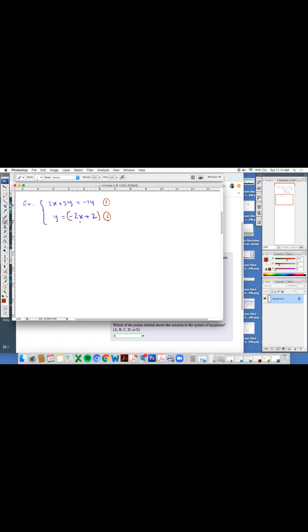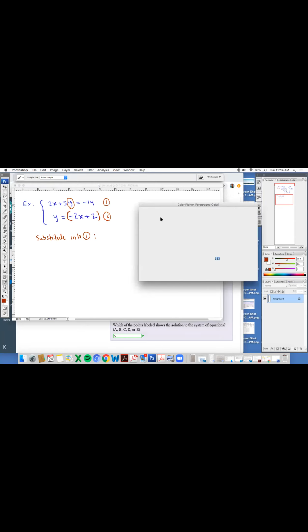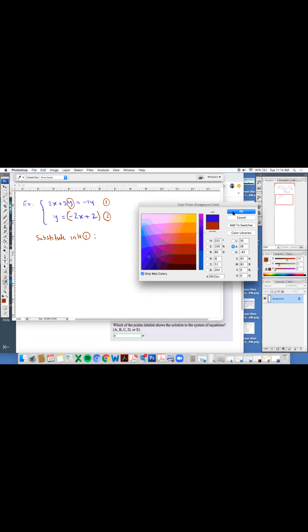So you take this whole part here, this whole parentheses, and you're going to basically erase the y in the first equation and replace it by this parentheses. Okay, so we're going to substitute into 1. That means I write equation 1 as I see it.